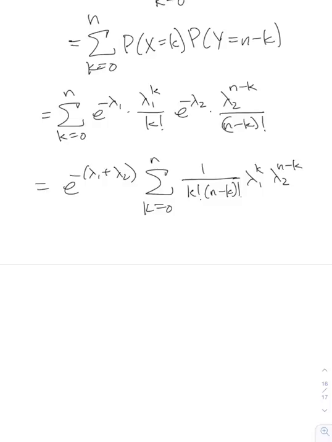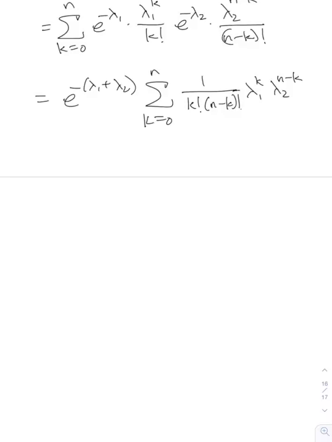All right. Now, when I look at that k factorial times n minus k factorial, it reminds me of the binomial coefficient. So maybe we can get somewhere if we had an n factorial on the top. But we can't put an n factorial on the top without putting it on the bottom also. So let's do that.